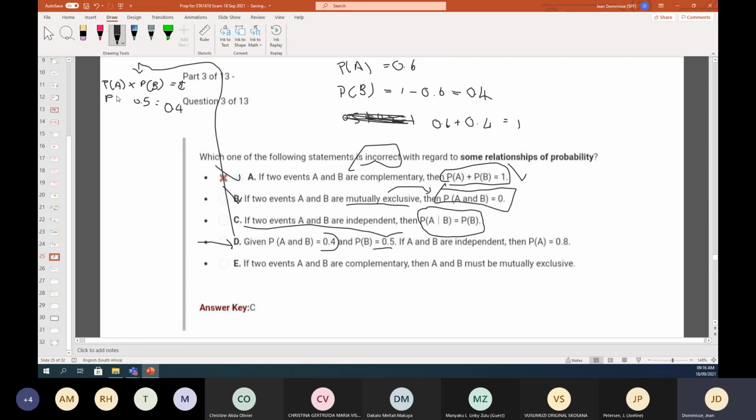So we need to work out if the probability of A is then equal to 0.8. Okay, so how we do that, I keep the probability of A on this side. I divide both sides by 0.5, so that the 0.5 on this side cancels out, but I need to do it on both sides. So 0.4 divided by 0.5 gives me 0.8.